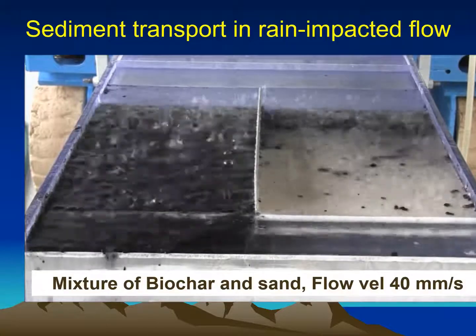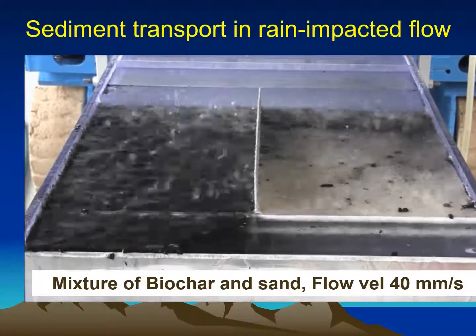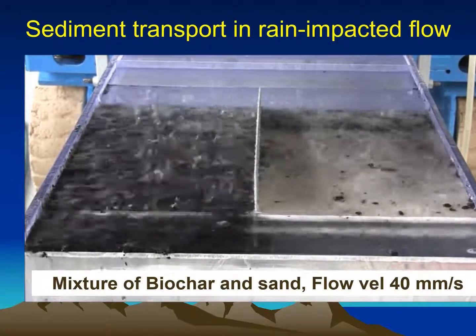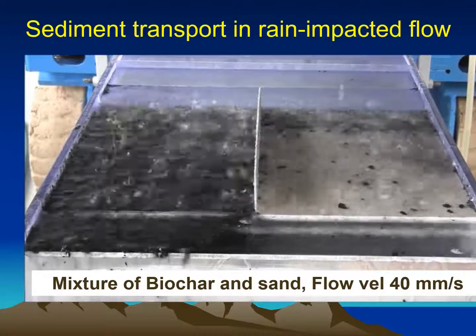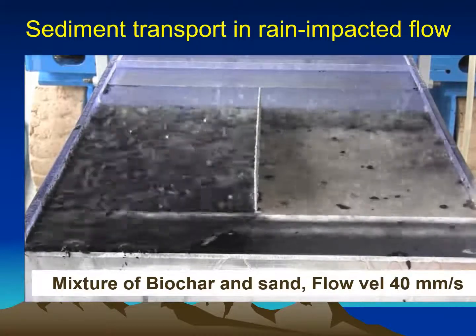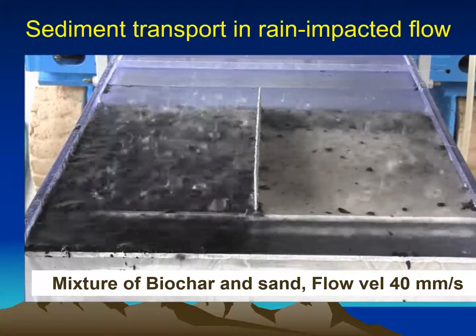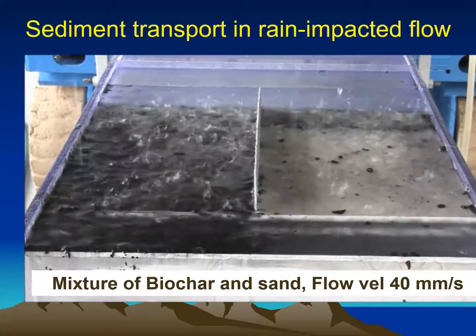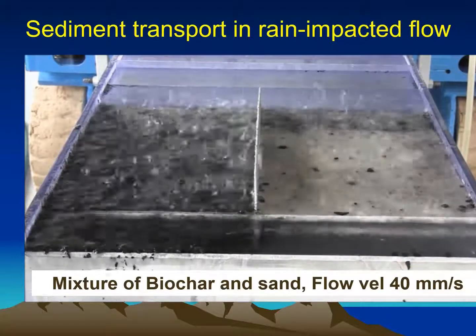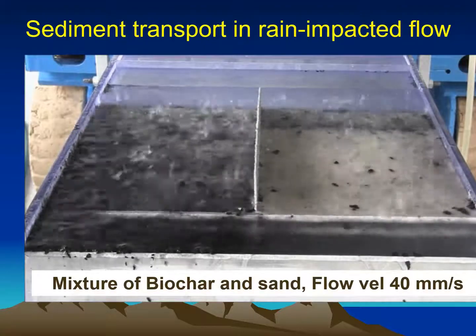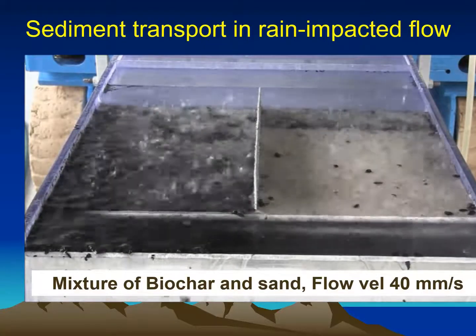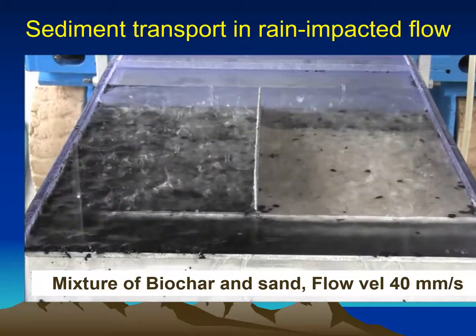That's followed by biochar moving by rolling and saltation. The large particles of biochar are angular and so they don't roll really easily. The sand is moving by saltation throughout the experiment.